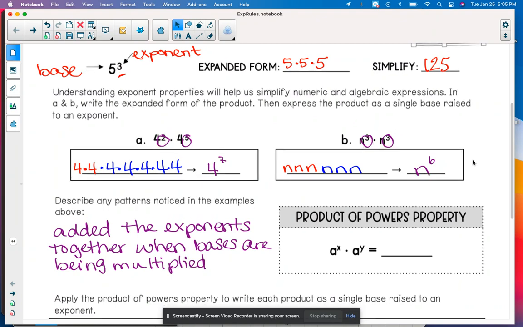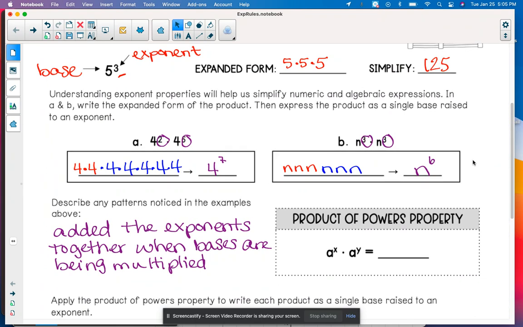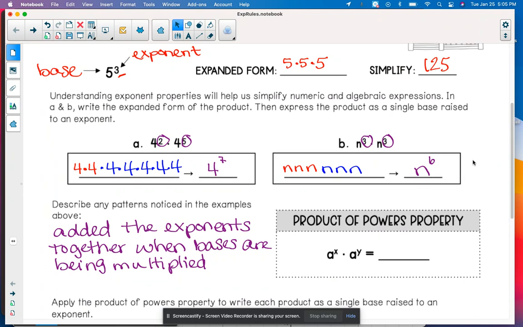So off to the side, we have a little definition box that when we have product of powers, so product of powers, product meaning multiplication, a to the x times a to the y means that we are going to add exponents together.